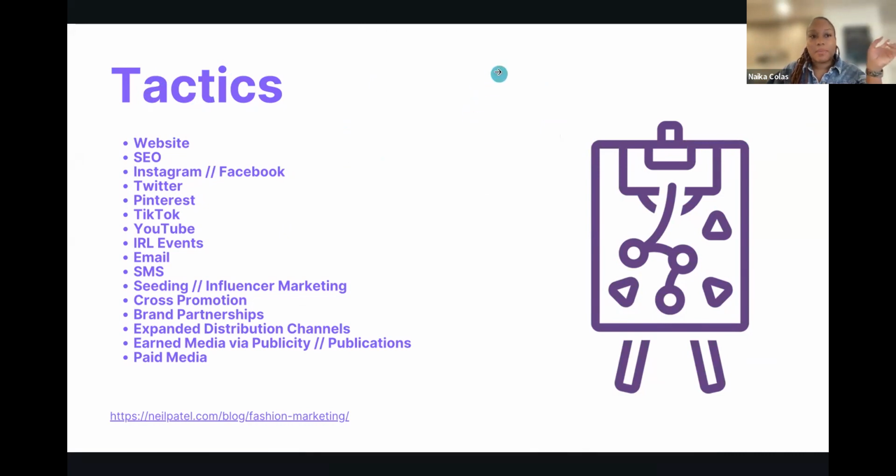And then TikTok, of course: if you are sewing from home or if you have a studio, that entire process can go on your TikTok. YouTube, a lot of brands are not using this, but a lot of influencers started at YouTube. They became big influencers on YouTube, then took it to Instagram, and by that time they were already well known.